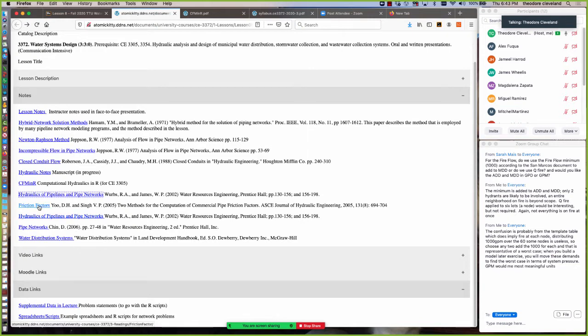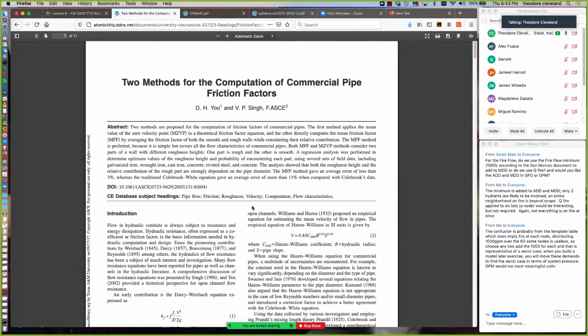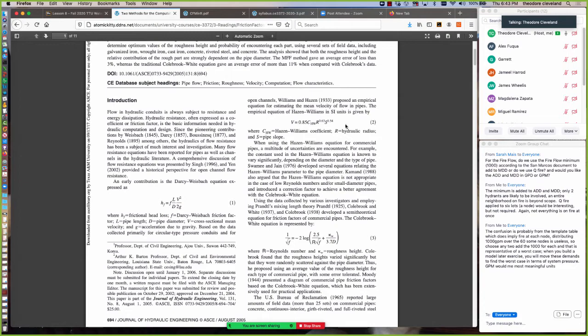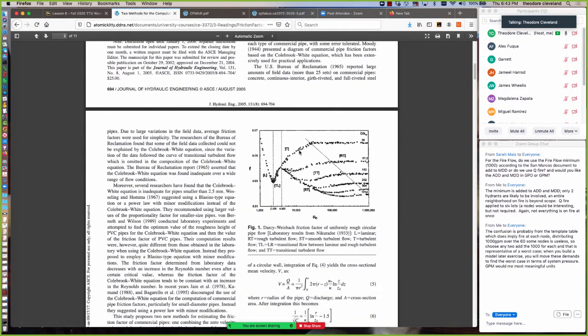There's a couple of papers here. One is determining friction factors for commercial pipes. You notice Darcy Weisbach and Hazen Williams are friends, and that particular set of data should look awful familiar because that is the laboratory results, which are combined with the results of quite a few other people to generate the Moody chart.